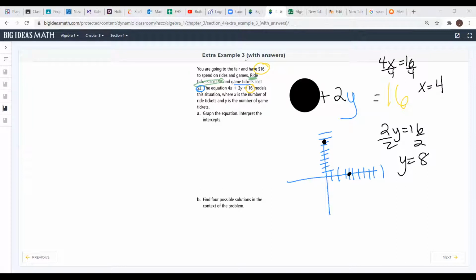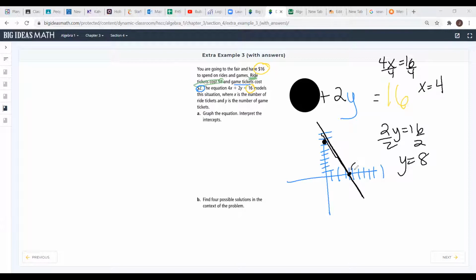And now, there we go. It's not great, but it'll be all right. Okay, and interpret the intercept.